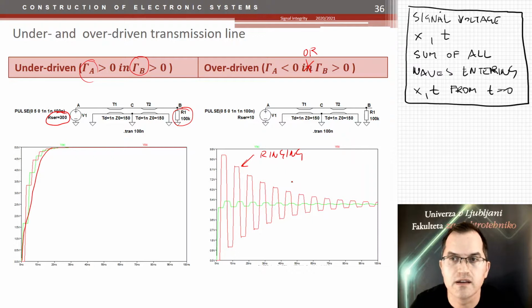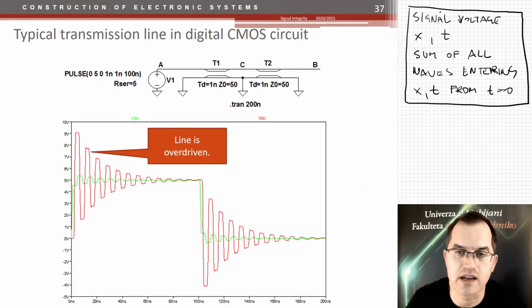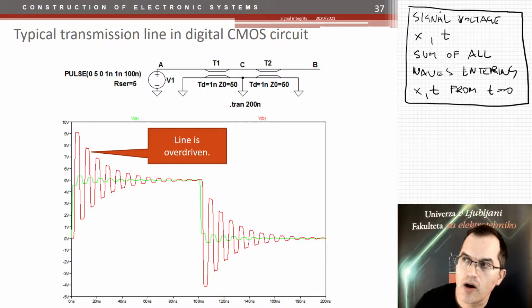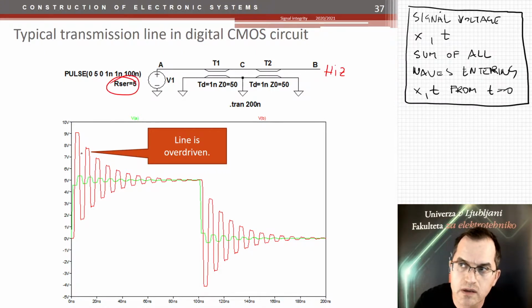So all that is a problem. And typically, transmission lines in digital CMOS circuits are always overdriven. So these transmission lines, because of the loads which have high impedance inputs, and sources which are very good, would give you overdriven transmission lines.